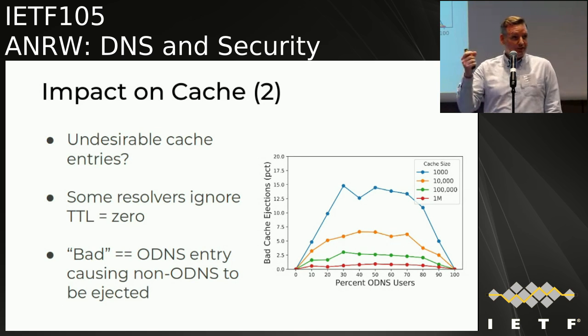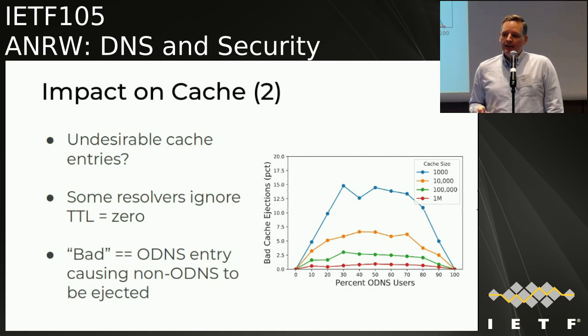You can see if you have a very small cache, something like 1,000 entries, ODNS is going to be painful. We're introducing something like 15% churn and entering these ciphertext queries into the cache, which is not ideal. But in reality, recursive resolvers have much larger caches than 1,000, and overall, it's not that bad.